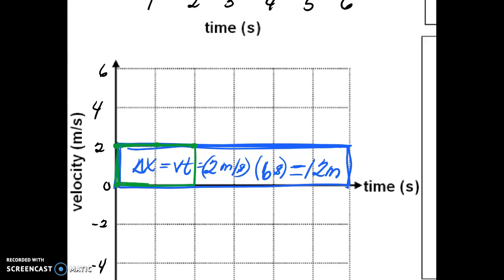means the B movement, and we can still calculate the displacement. So delta x, which is displacement, is equal to vt. The velocity is 2 meters per second times time, which is 2 seconds. These units cancel out, and it is 4 meters, the displacement.